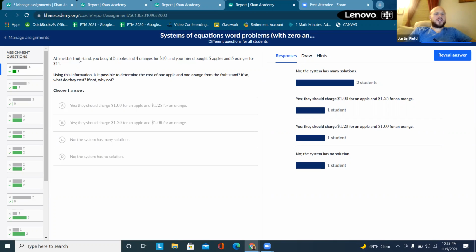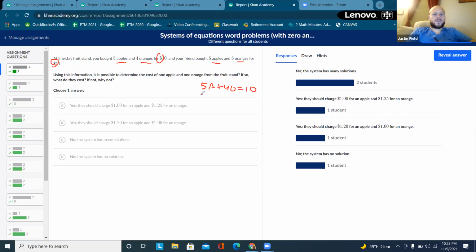At Emilda's fruit stand, you buy 5 apples, 4 oranges for $10. Your friend bought 5 apples, 5 oranges for $11. Is it possible? I do believe so. Looks like we got 5a plus 4o equals 10, and 5a plus 5o equals 11.